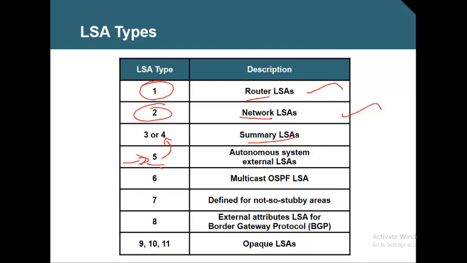What is type 5? Type 5 is called autonomous system external LSA. What it means is this advertisement originates from the ASBR, Autonomous System Border Router. What is an Autonomous System Border Router?